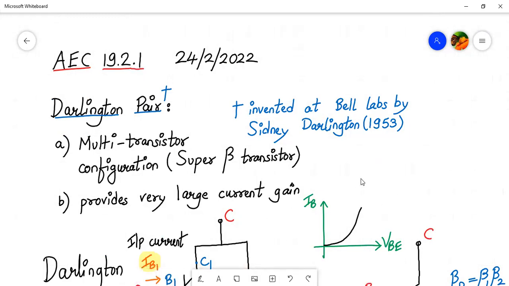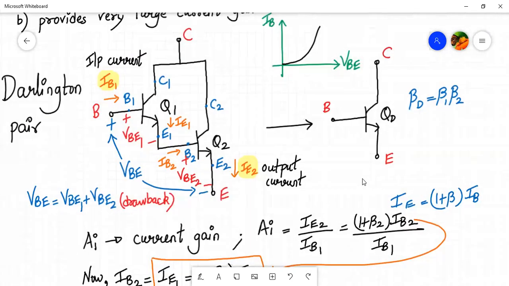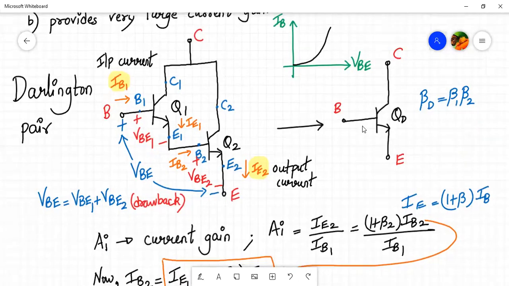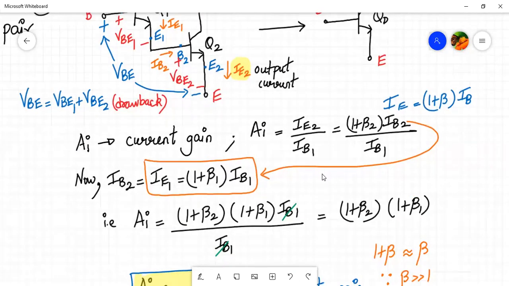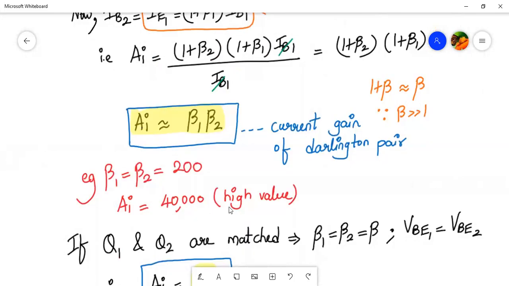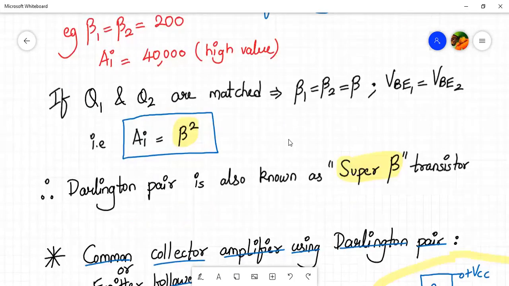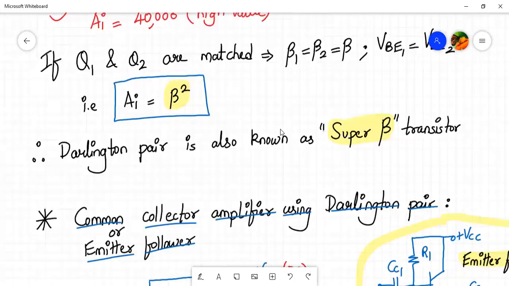So we started with the introduction of Darlington pair, and we saw that it really provides a very large current gain. This is the Darlington pair configuration, right? We have shortly proved that in the Darlington pair, the current gain is the product of the individual current gains. So you get a very high value of current gain in case of a Darlington pair, and that's why it's called a super beta transistor.